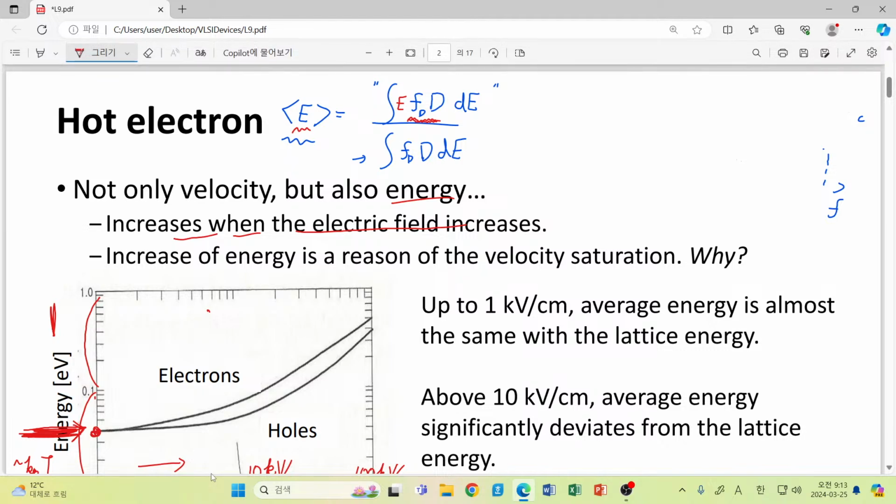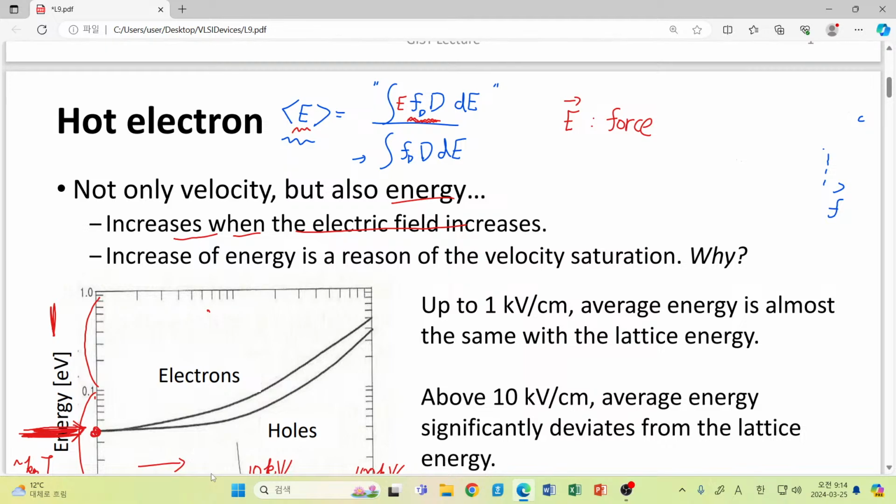In the previous lectures, we thought like this. Electric field is closely related with force. So if we apply a constant electric field, it means that we are doing constant acceleration. So we expect that velocity increases indefinitely. However, that is not the case, and eventually we have a certain terminal velocity. This is related with our scattering mechanisms.